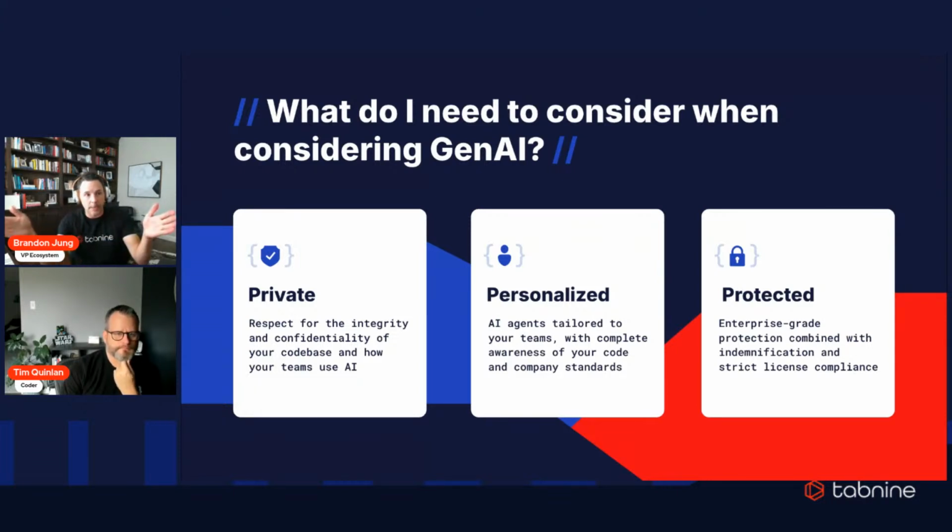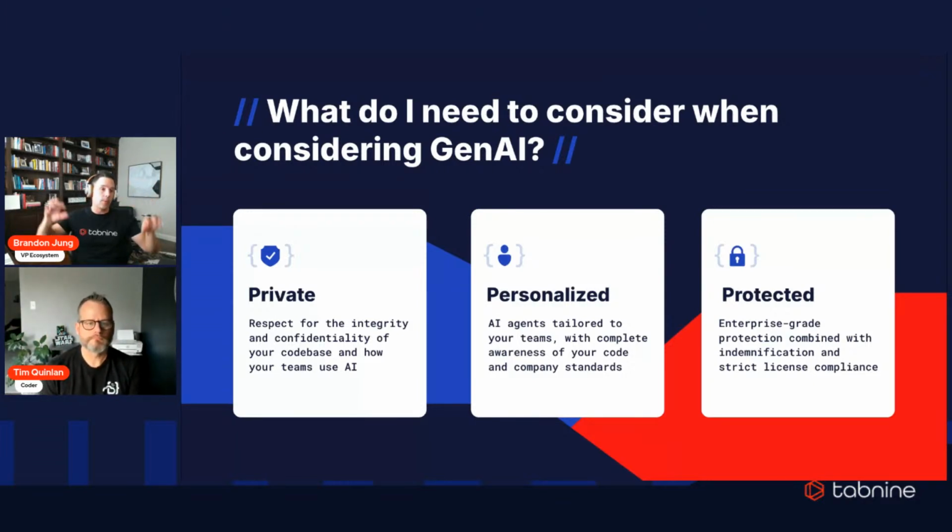All the way across that spectrum. So again, both Coder and Tabnine believe in your opportunity to go from anywhere on that spectrum, from completely secured air-gapped all the way to delivering on the fastest, most efficient way to take advantage of any model on the planet, right? Both available.